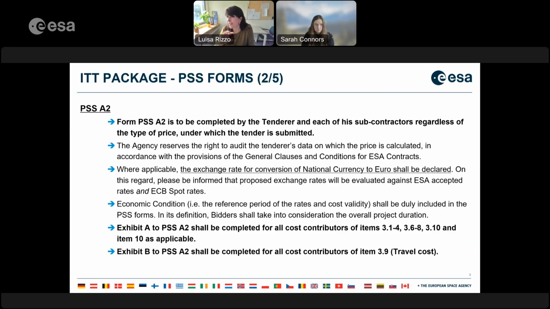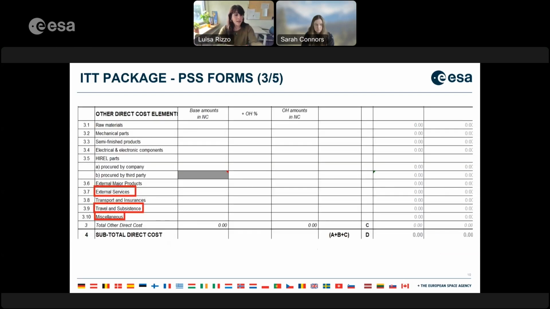As I said before, the other direct cost section of the PSS A2, we will see in the next slide. Whilst the Exhibit B to PSS A2 should be completed for all the cost contributors of item 3.9, the travel cost. That's a frame of the other direct cost elements.